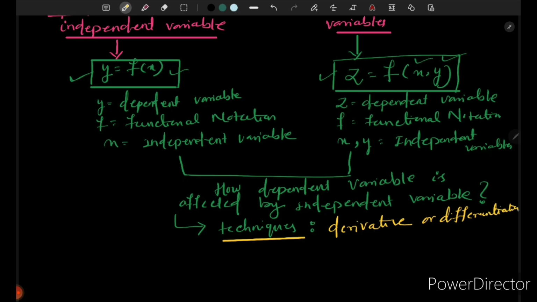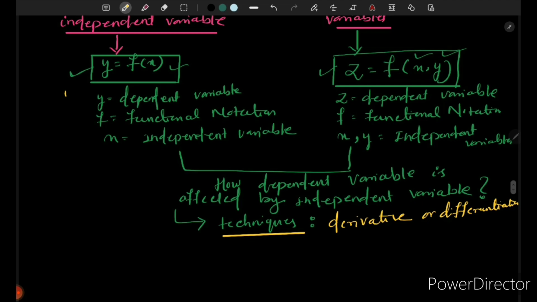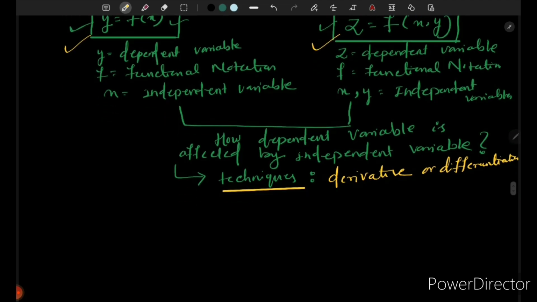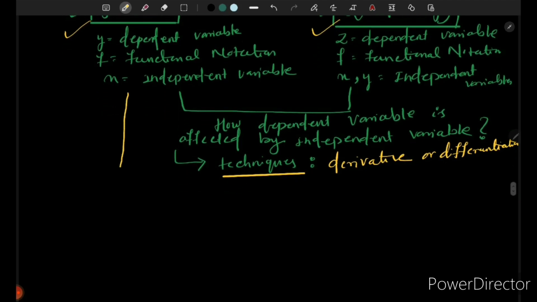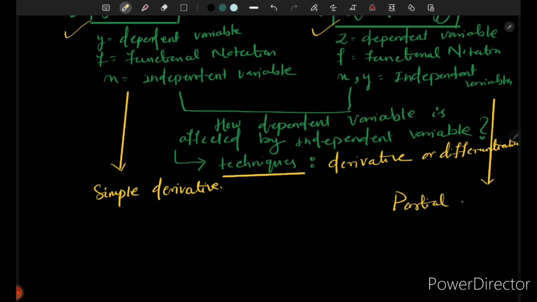Okay, so we have univariate function and multivariate function. So for univariate function we have simple derivative. Okay, so you all can note it down. And for multivariate function we have partial derivative or differentiation.